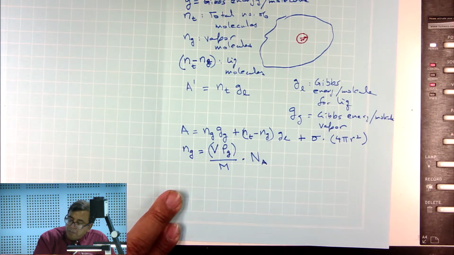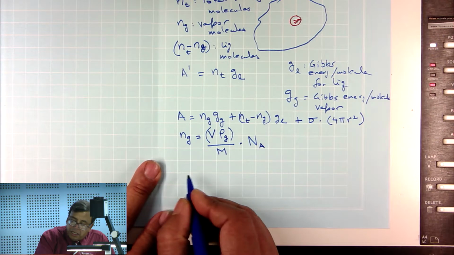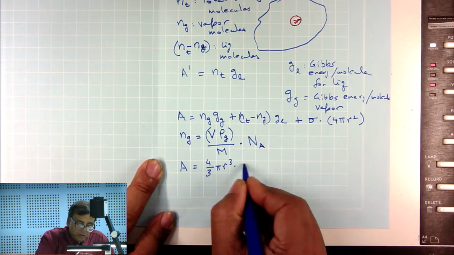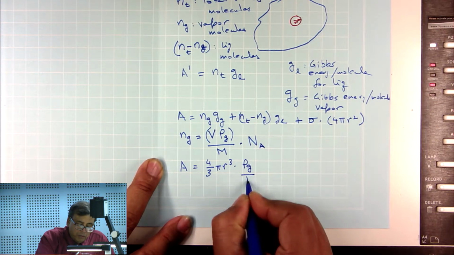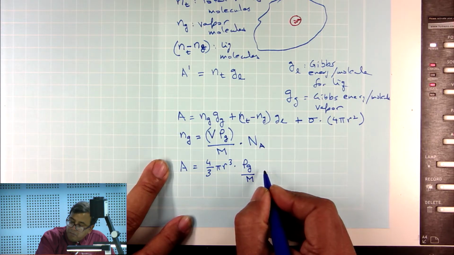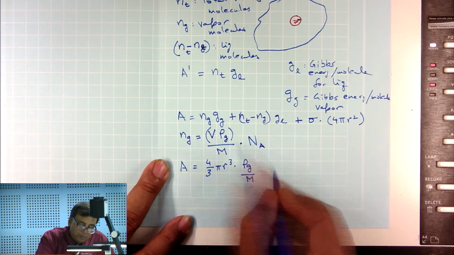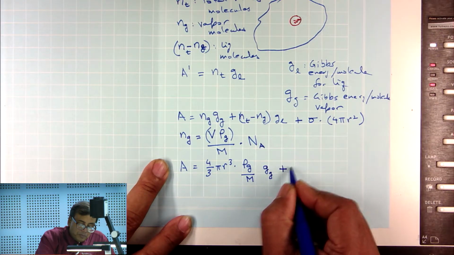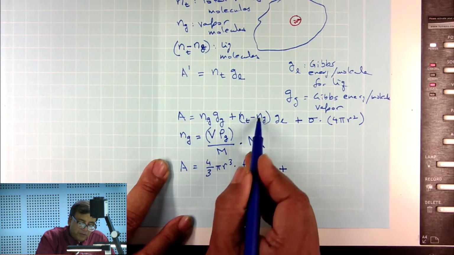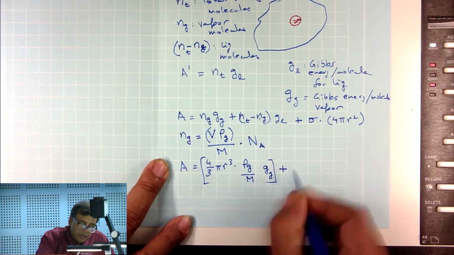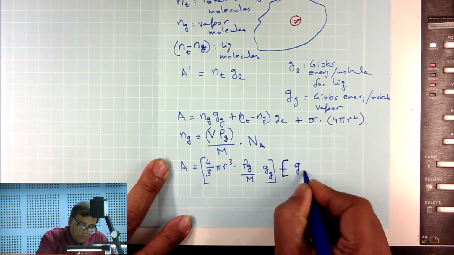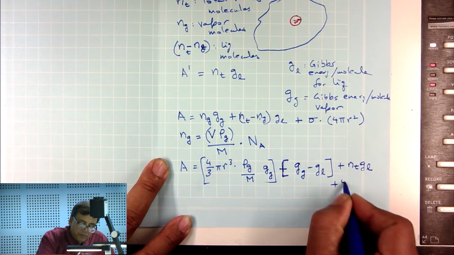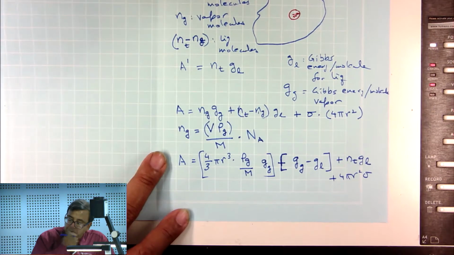So, if I substitute that, my A will be equal to 4/3 pi r cubed, which is the volume of the gas bubble, times the density divided by the molecular weight, times the Gibbs free energy, plus, since I have two Ngs over here, I can combine these two Ngs and write it as Gg minus GL, plus Nt times GL, plus 4 pi r squared sigma.